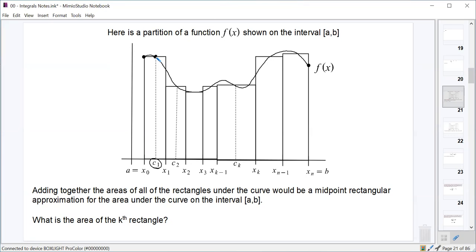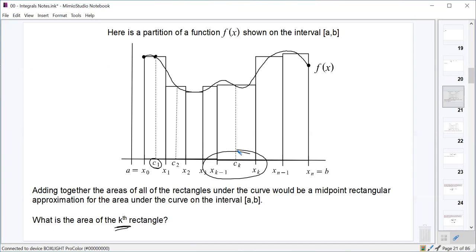And so the first question we want to ask ourselves here is, what is the area of some arbitrary kth rectangle? I've got one sketched in here where I call the endpoints x sub k minus 1 and x sub k. That's the kth rectangle, and we've taken its midpoint, c sub k.